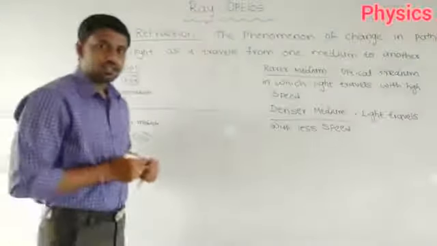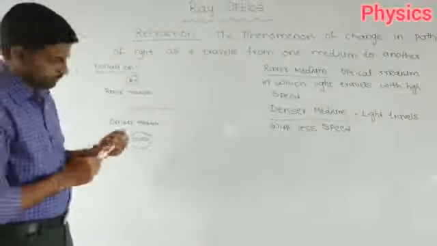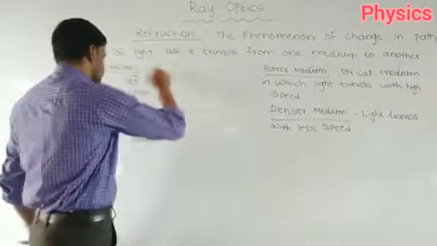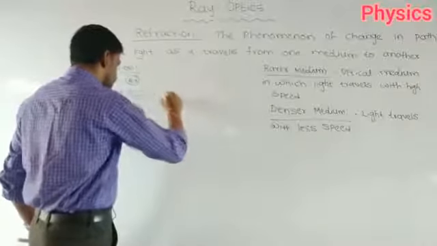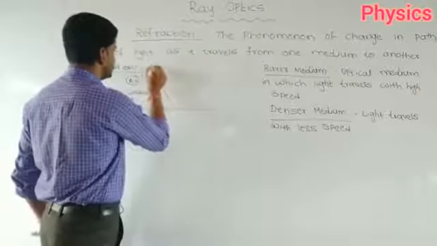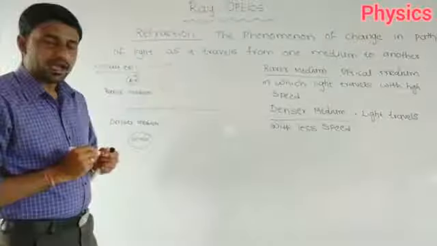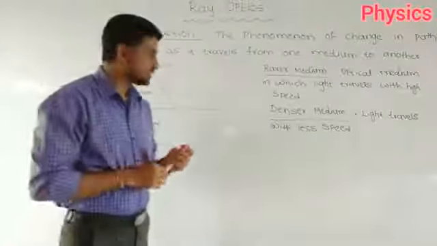Now I am going to incident a ray of light from rarer medium to denser medium. So this is the incident light. To get the angle of incidence and angle of refraction, I have to draw one normal.